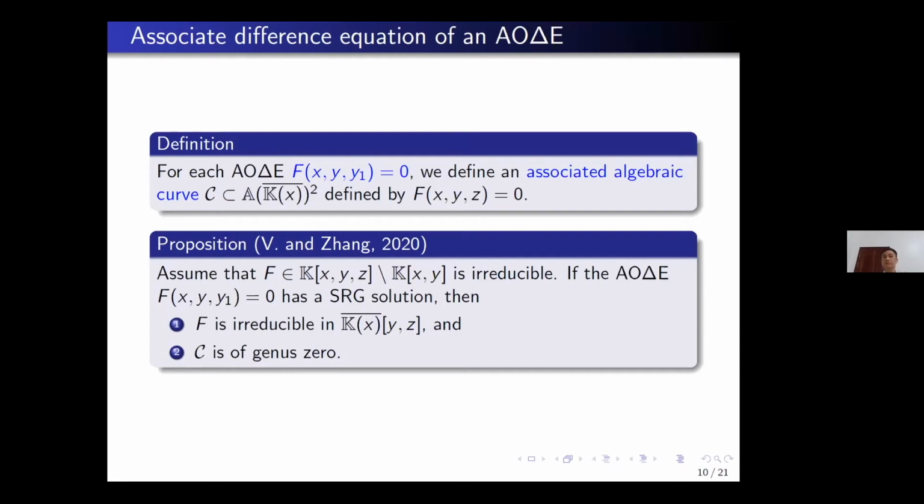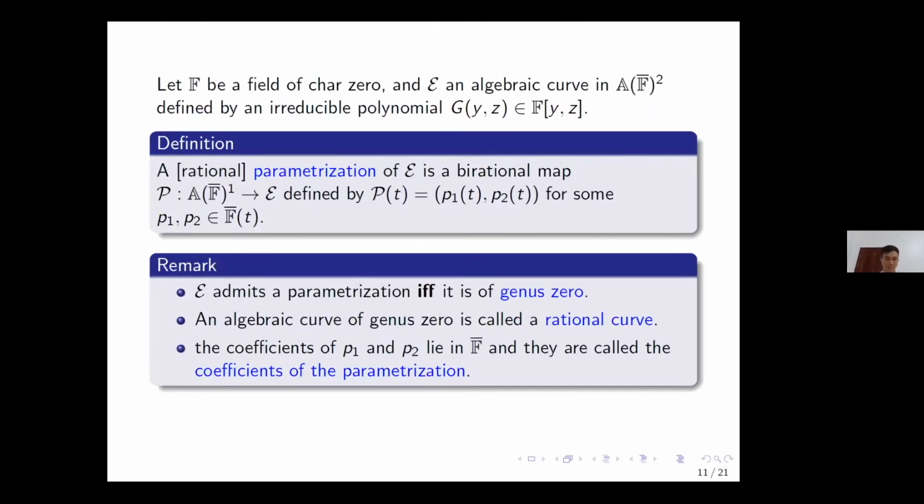Now we go a little more. When the genus of C is 0, then we can apply parameterization on C. But we need some terms from algebraic curves. Now we assume that F is an arbitrary field of characteristic 0 and need not necessarily be algebraically closed.